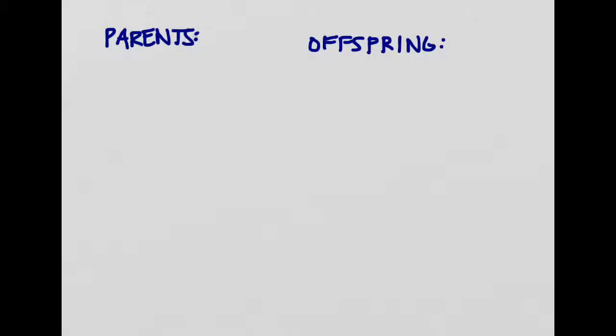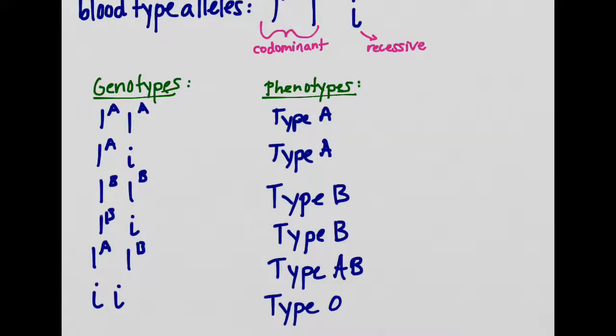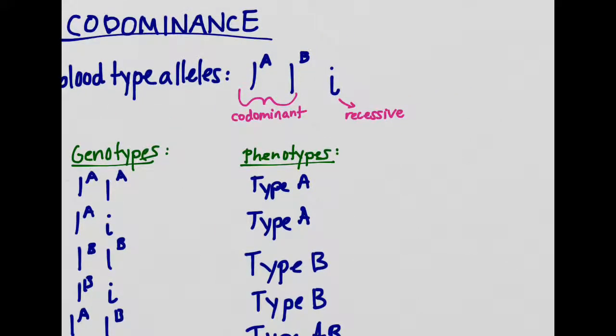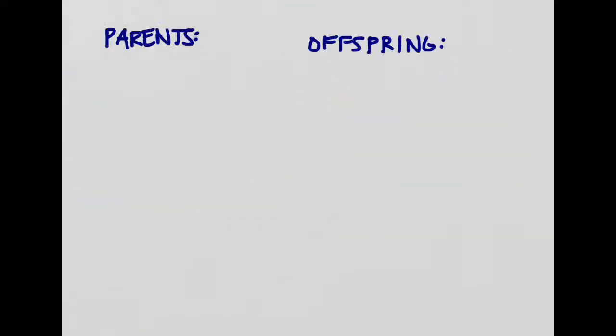But we know that, looking back, we have only 3 alleles, so we need to create as many combinations of these as possible. So the parents are going to have the alleles. One will be capital I A, little i, and another parent will be capital I B, little i, right?